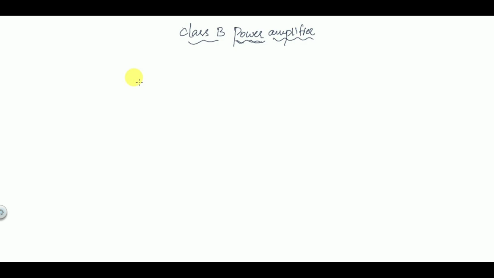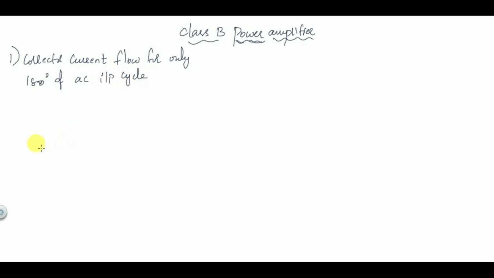Okay, so class B power amplifier. The important points which you have to remember for class B power amplifier is, the first point is collector current flows for only 180 degrees of AC input cycle.